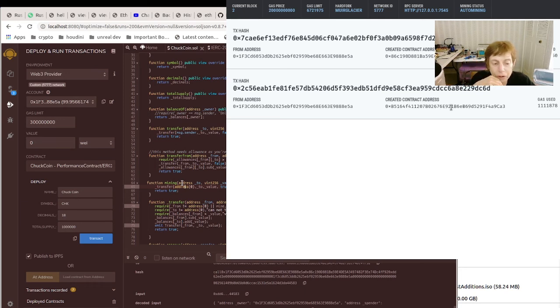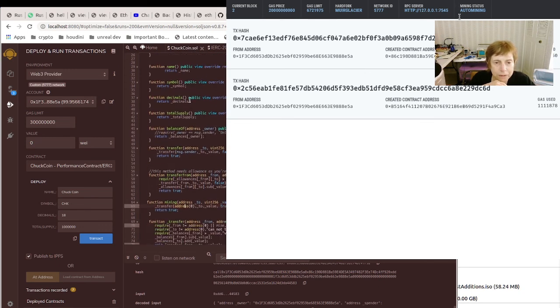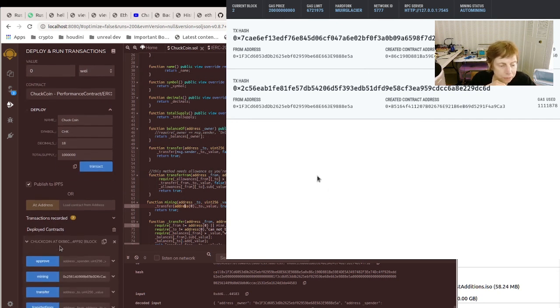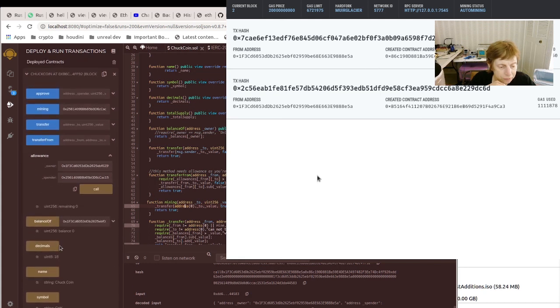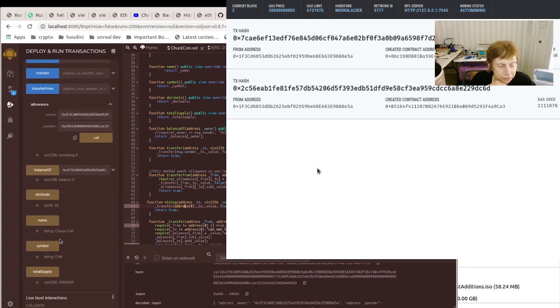So I guess we're going to stop for now. We've gotten to the point that it will deploy. Most of the methods seem to work in terms of the basic ones, which you'd expect. Balance. Did we try balance of? Let's see. Yeah, we did that. We did decimals.